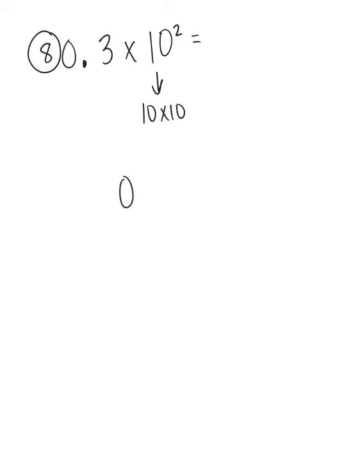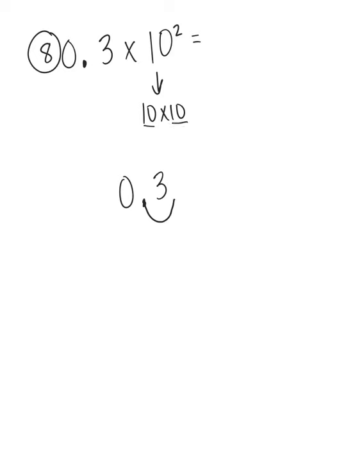Number 8 says 0 and 3 tenths times 10 to the second power, okay? And 10 to the second power is the same thing as 10 times 10. Okay? So I have 0 and 3 tenths. And because we are multiplying, we're actually going to move our decimal to the right because we're going up in value. So I'm going to move it 1 place value to the right.